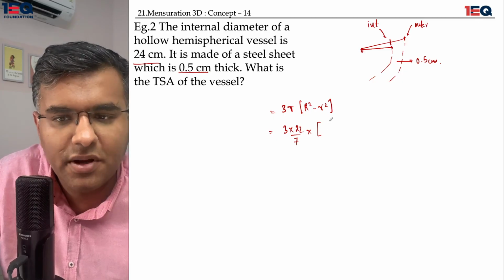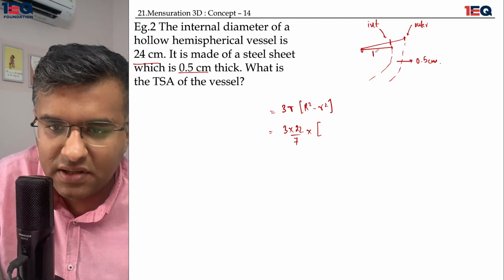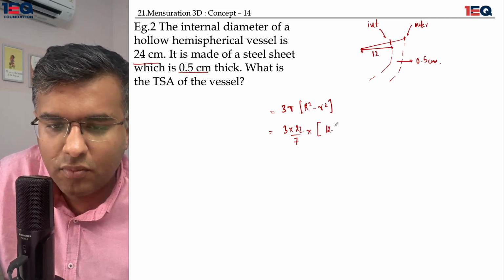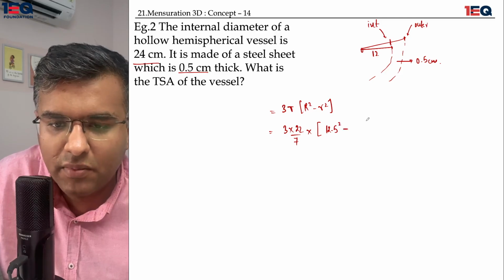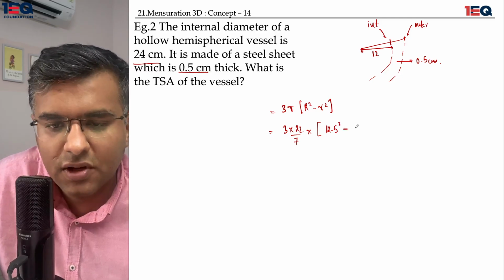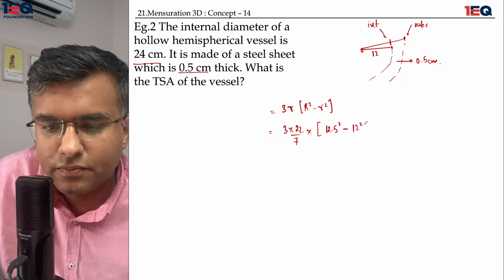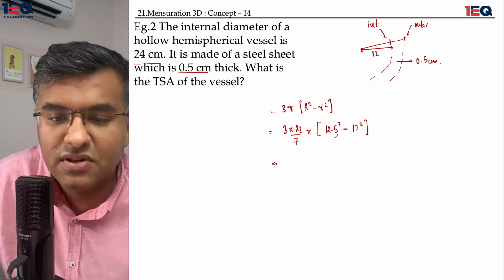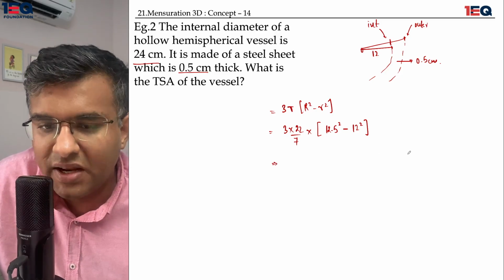This is a diameter we are talking about, so 12 is the internal radius. So it's going to be 12.5 whole square minus 12 square. It's definitely possible to find out the square of 12.5, but we'll be avoiding that situation.